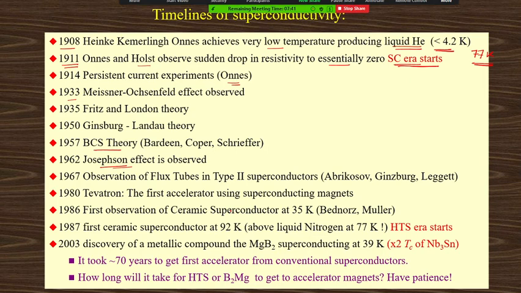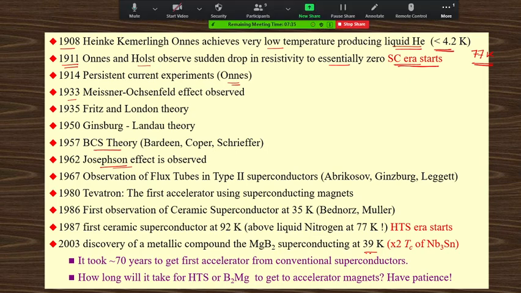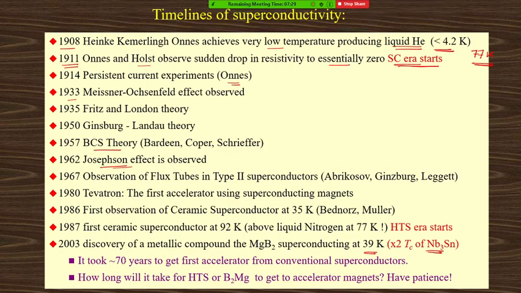Lastly, this was 39 Kelvin. It took 70 years to get to this from the conventional superconductors. Our target is to produce superconductors at higher temperature. It took 70 years to first produce such material.